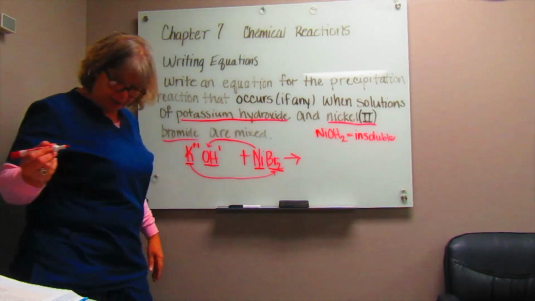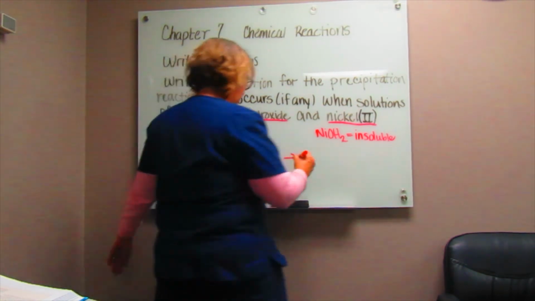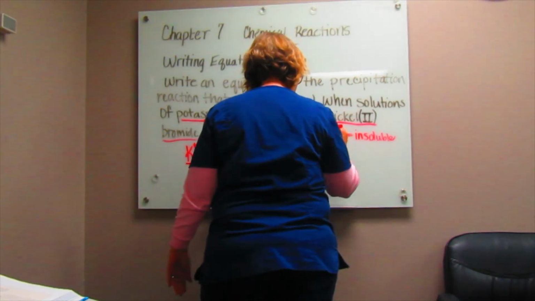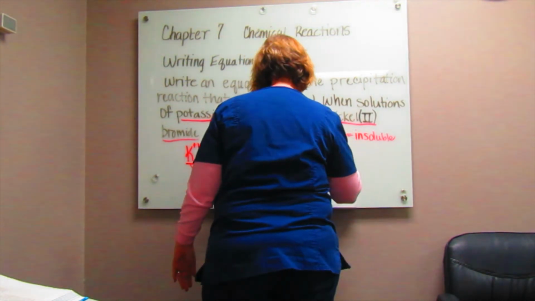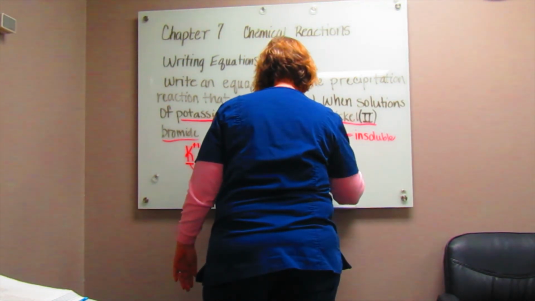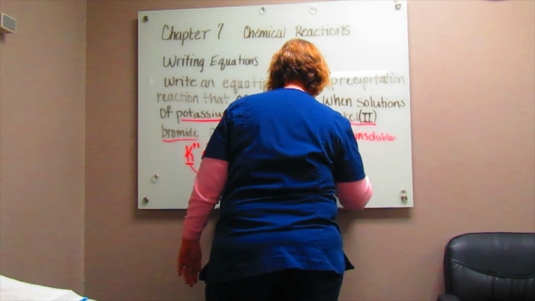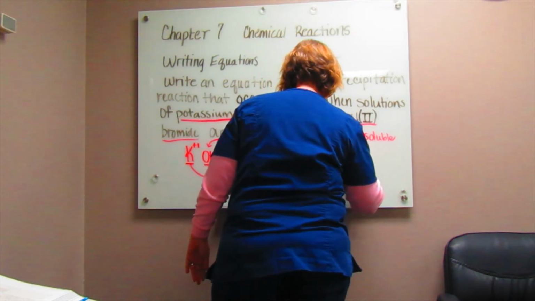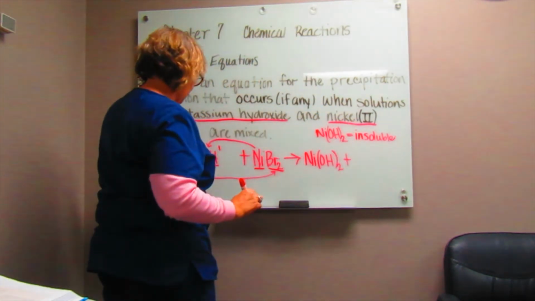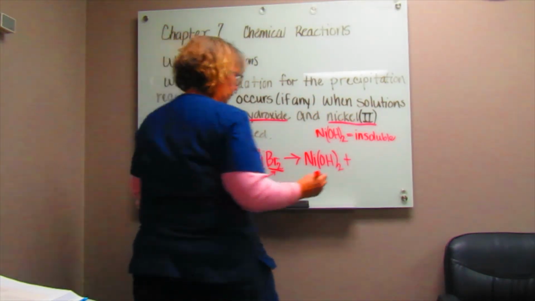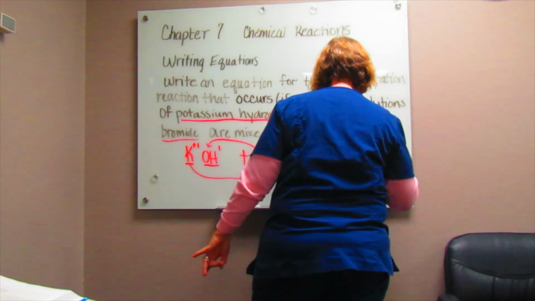So then it looks like this. So we have our nickel hydroxide and our potassium bromide.